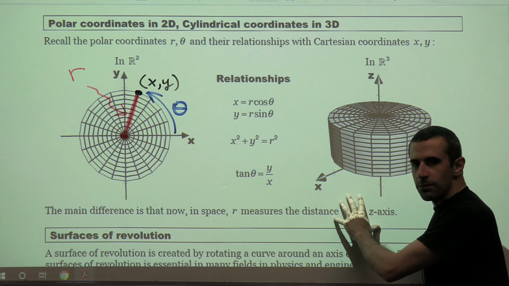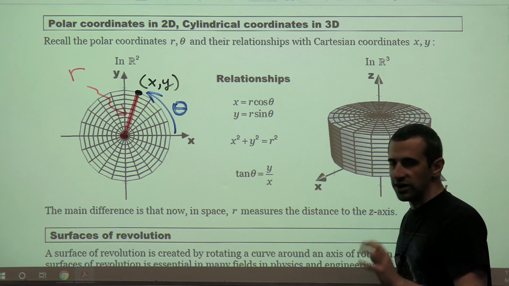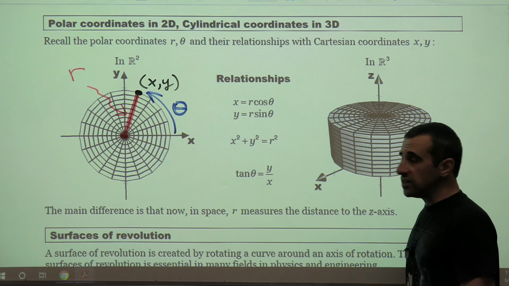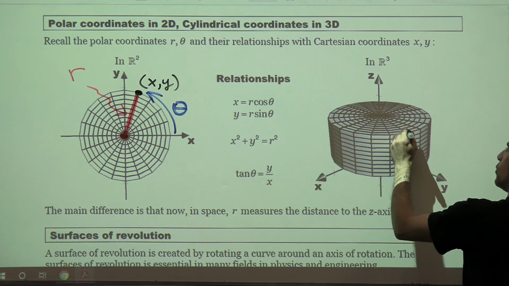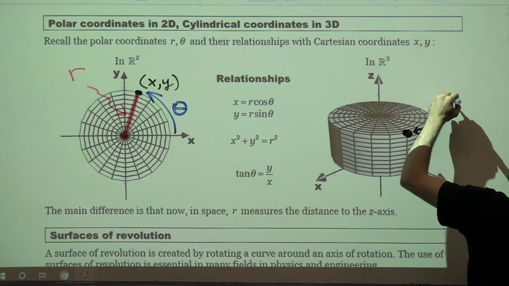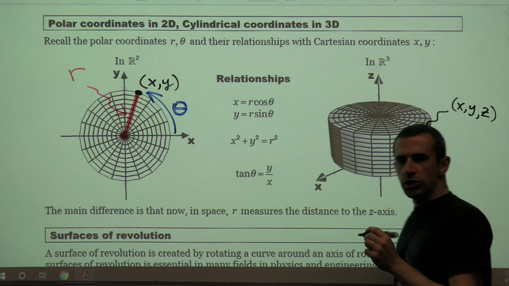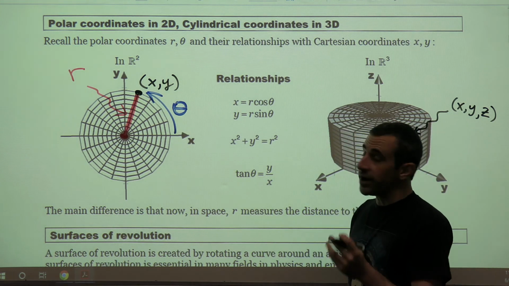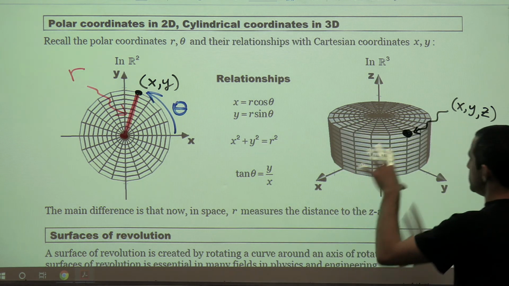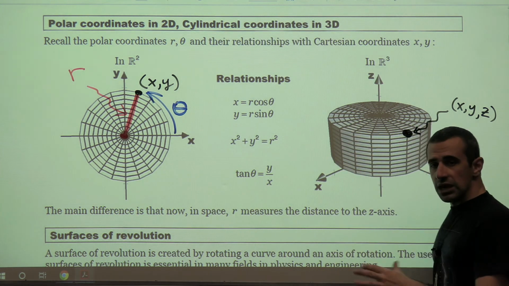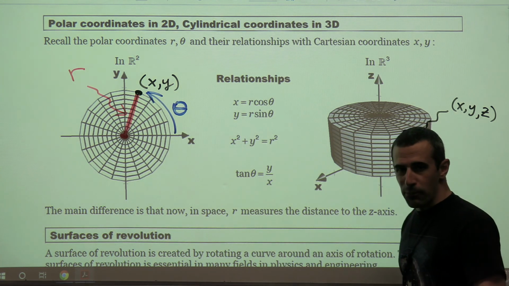So now let's try to think about r and theta and z in this cylindrical coordinate system. I'm going to pick a point in space. Let's say that I pick this point right here, and that point has coordinates x, y, and z. The first of the three cylindrical variables that I'm going to talk about is z. That's the easy one. What does z look like in this picture? z is literally the distance between the point x y z and the x y plane.